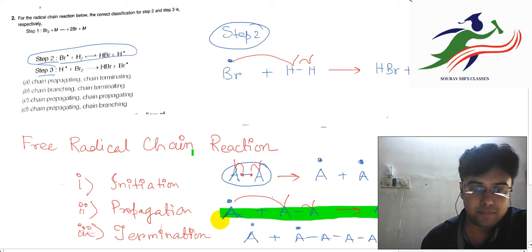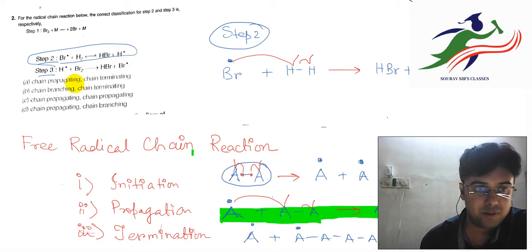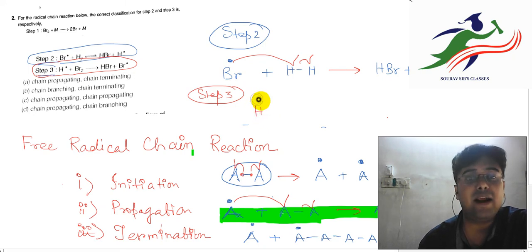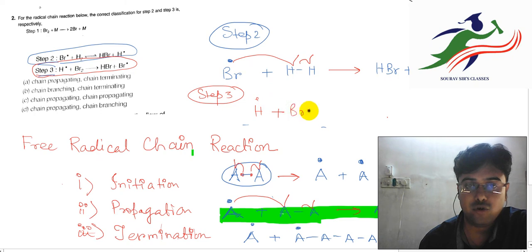Let's see the other option, that means the other step, step number 3. Here, step number 3, here we have a hydrogen free radical. Okay, and that free radical is reacting with a bromine molecule.